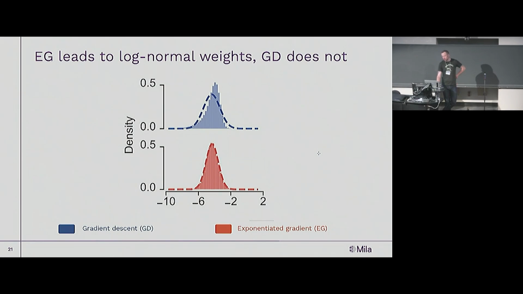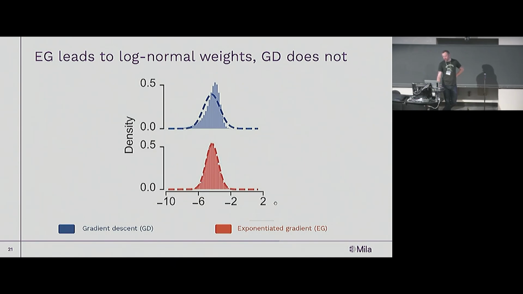But that doesn't mean that they're discovering identical solutions, because indeed, when you look at the synaptic weight distributions, exponentiated gradients gives you log normal synaptic weights. So here, I'm plotting on the x-axis, I should actually have that labeled, the strength of the synaptic weights across the recurrent neural network. And here I have the probability density, or the frequency with which we see those weights.